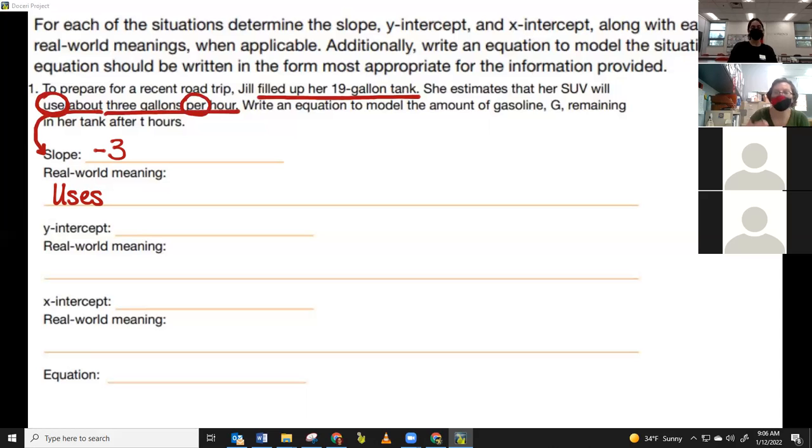So she uses, I'm not going to say she uses negative, because she uses is what gives me the negative part, but I love that you picked up on that. Uses 3 gallons. How often? Just the one time? Per hour. There we go. Uses 3 gallons each hour or per hour.